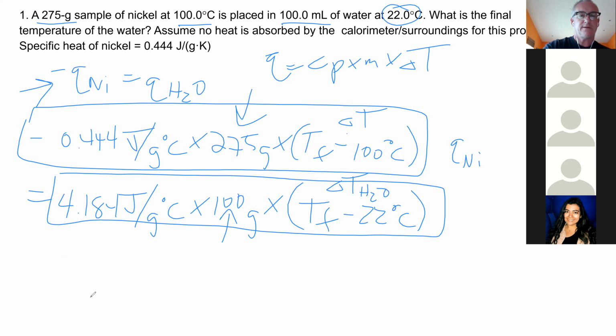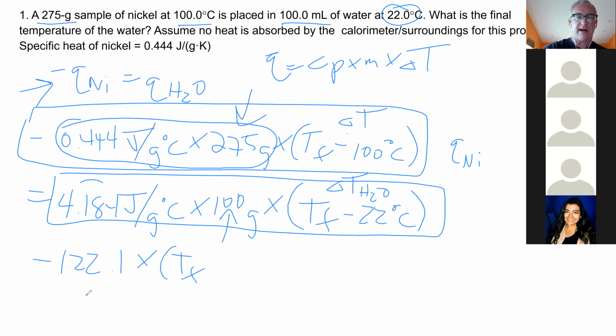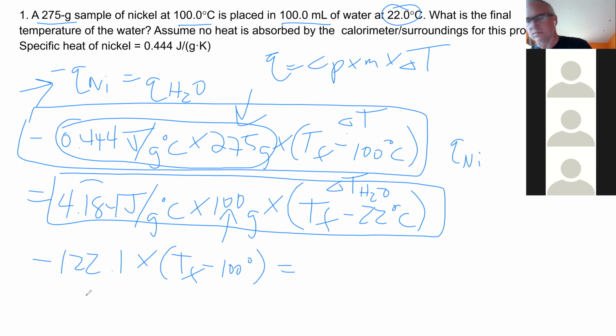So that was 122.1. That is these two numbers here times TF minus 100 degrees. That is going to be equal to... it's 122.2? Oh, no, sorry, it's 122.1. Yeah, I'm just looking at my calculator. I know I'm a little flustered today, but I didn't think I got that wrong.